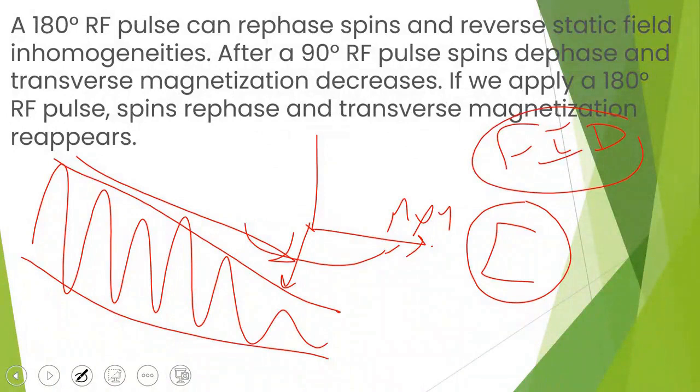The free induction decay is overcome by using a refocusing pulse at 180 degrees, which gathers the protons, removes the dephasing, and creates a new phase for the protons.